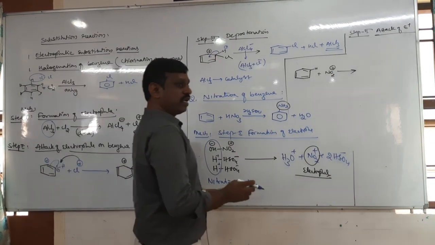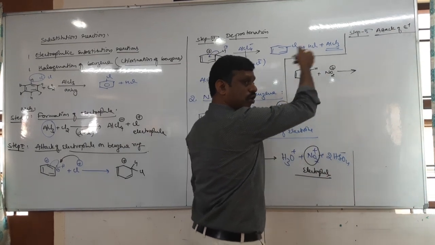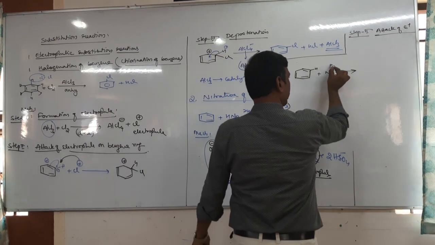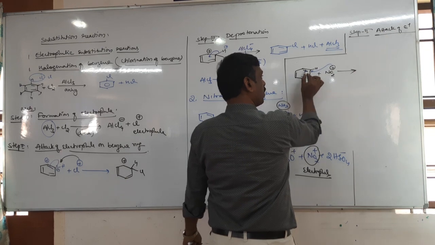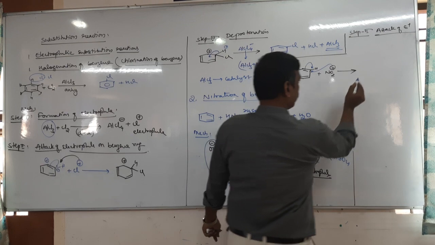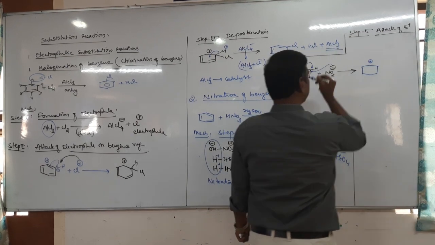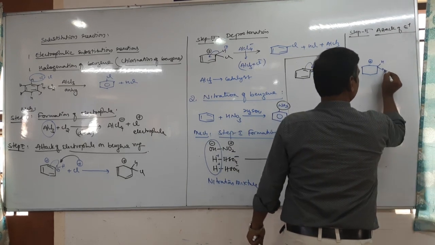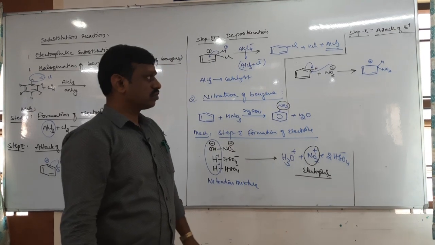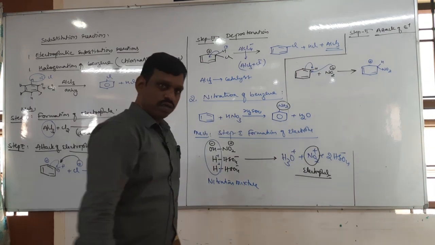Tell me where the NO2 plus attacks. NO2 plus attacks any carbon, because all the carbon atoms and hydrogens on benzene are the same. Now let us say NO2 attacks here. When NO2 attacks here, the pi bond shifts onto the same carbon. So now which carbon gets the positive charge? The adjacent carbon. So here hydrogen and NO2 are on the same carbon. Then it undergoes resonance, and you can write the resonance structures.